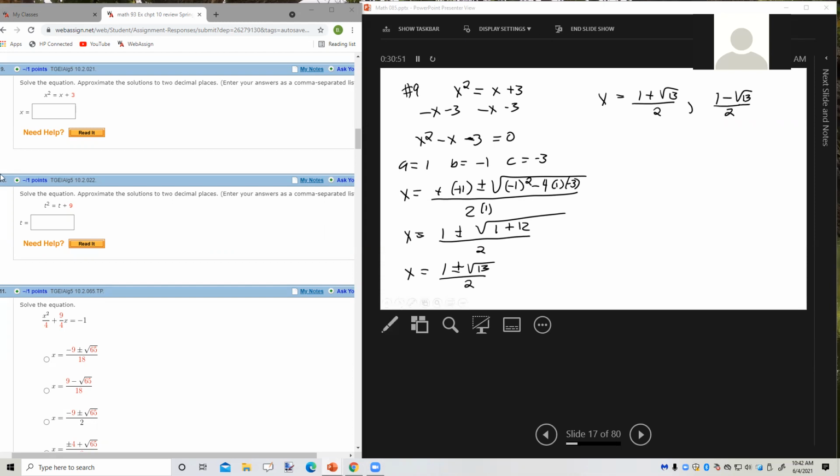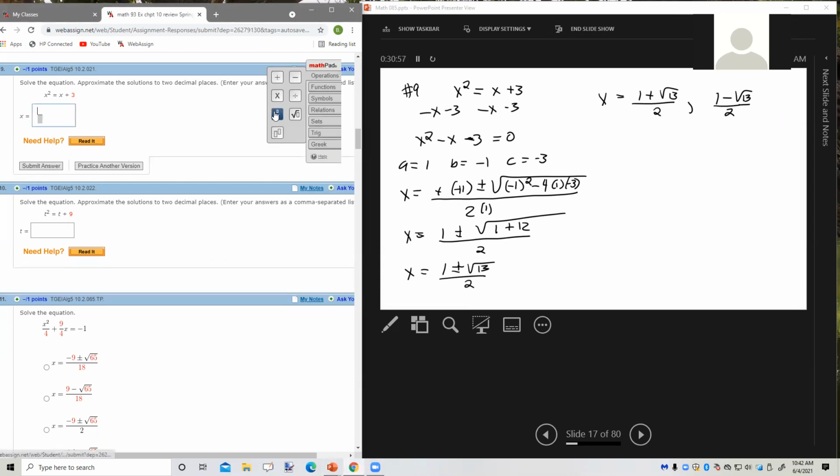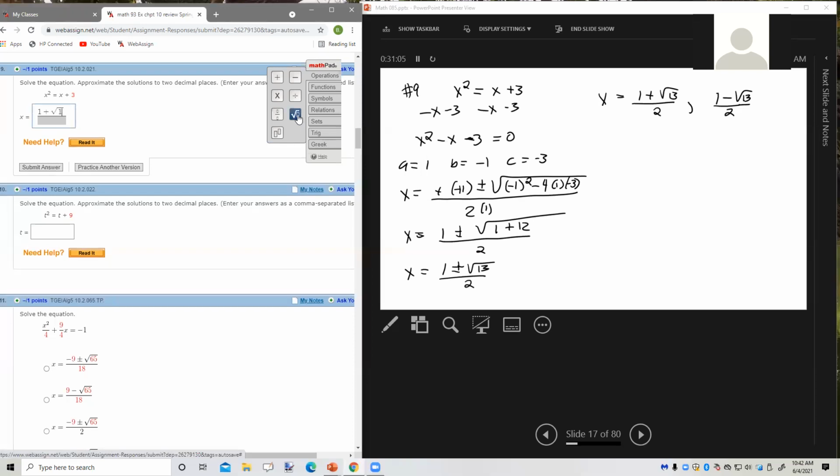All right, so let's see how we're going to enter that in WebAssign. Okay, I'm going to need the fraction bar. And in the numerator, I'm going to have 1 plus the square root of 13 all over 2.